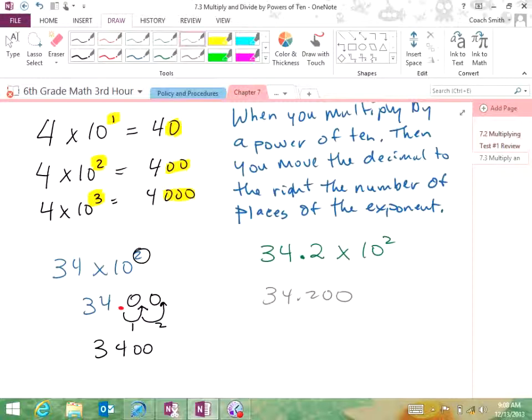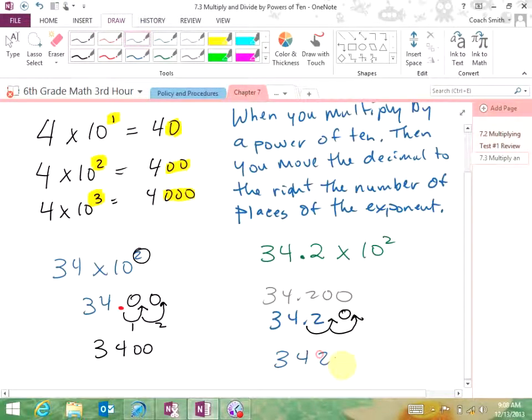So when you're multiplying by a decimal number, we have to take 34.2 and move the decimal once, twice, and add a 0 there, and that gives me 3,420. Because we moved it once, twice, for that exponent.